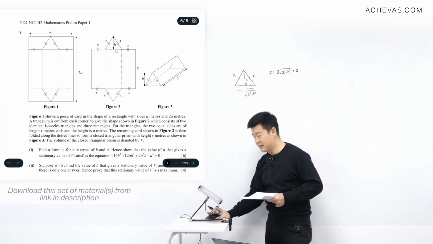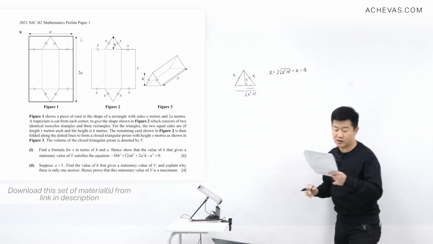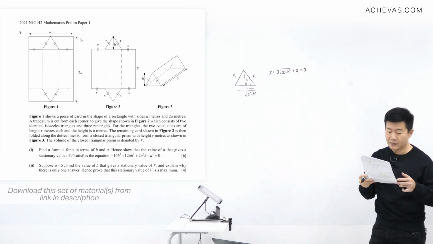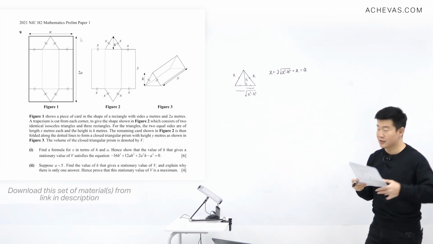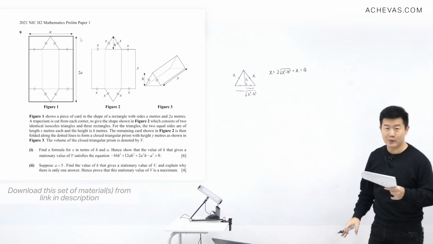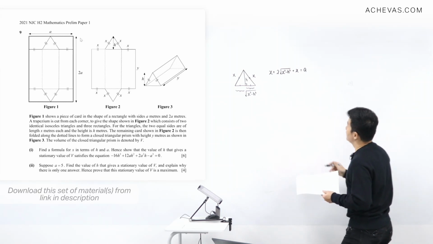So X plus this plus X is equal to A. I'm going to make use of this to form for myself an equation that is in terms of X, H, and A. But what the question wants is for us to find a formula for X in terms of H and A. So this is the equation that I have already, but I need to make X the subject. In order for us to make X the subject, let's see.